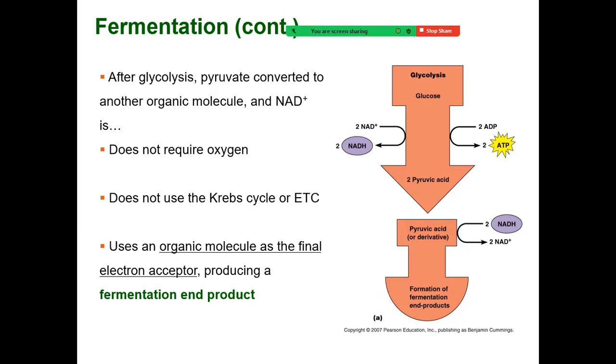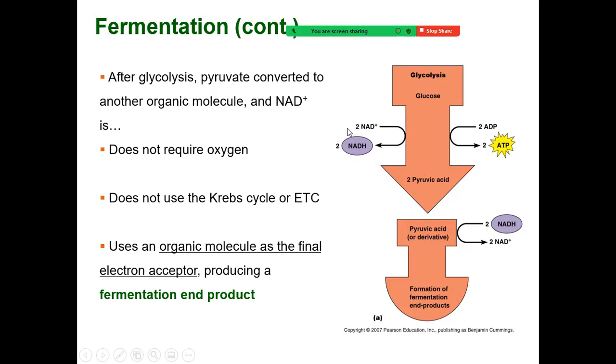Okay, does anyone see why we use up NADH in fermentation? It's actually shown here. The reason the muscle cell wants to use up the NADH is that when it does, it'll regenerate NAD+, and as long as the muscle cell has NAD+, the NAD+ can allow glycolysis to happen.